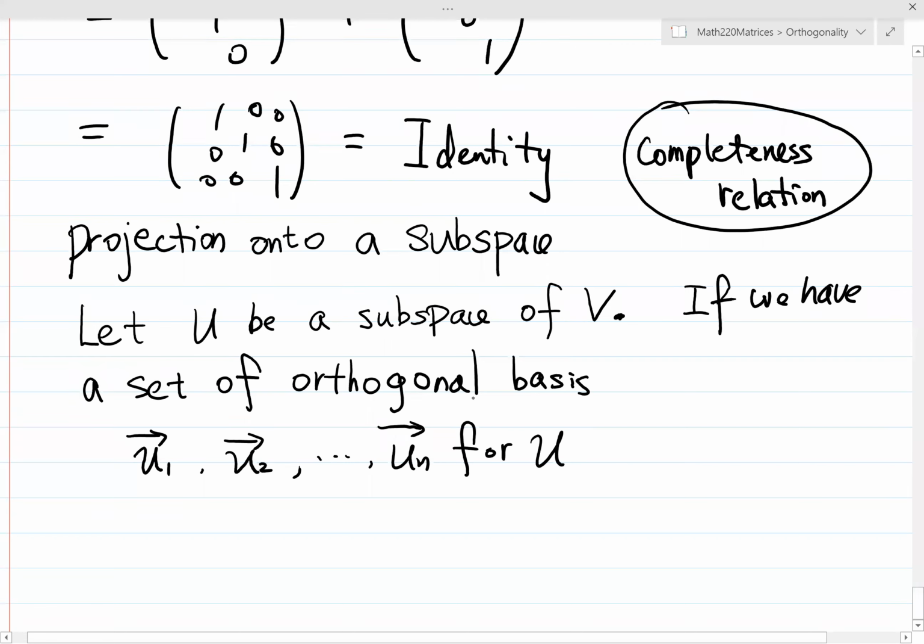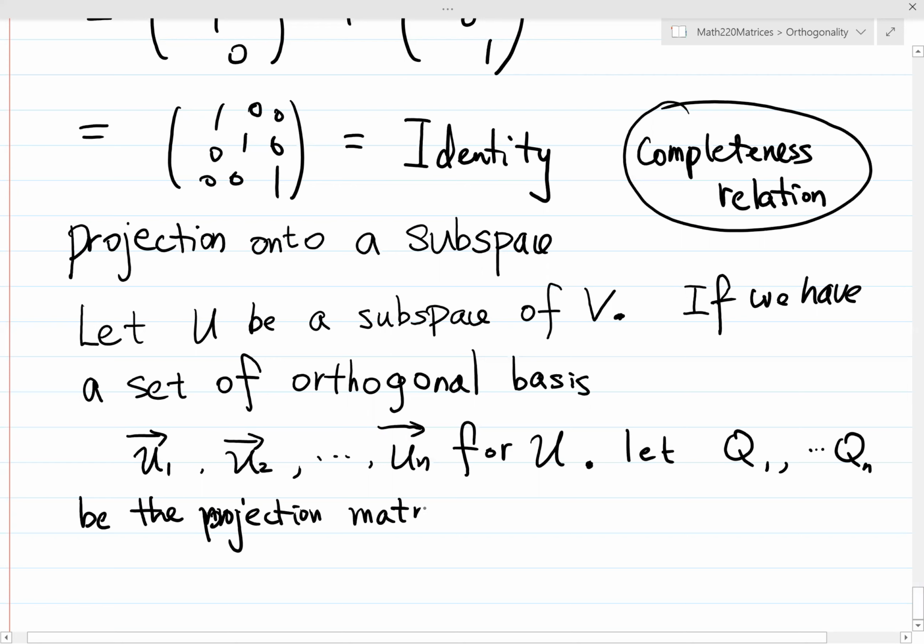Now we can find Q1, Q2, up to Qn. These are projection matrices onto U1 up to Un respectively.